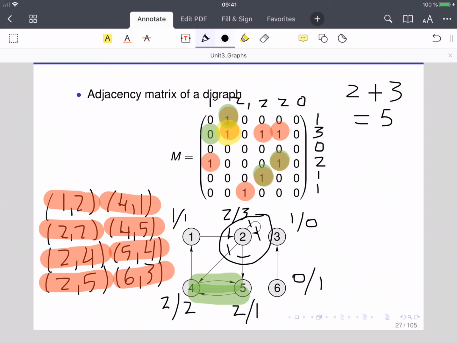So we have this representation in which we have all the information about the graph. We have the number of vertices, we have the edges, both in the case of directed graphs and undirected graphs.